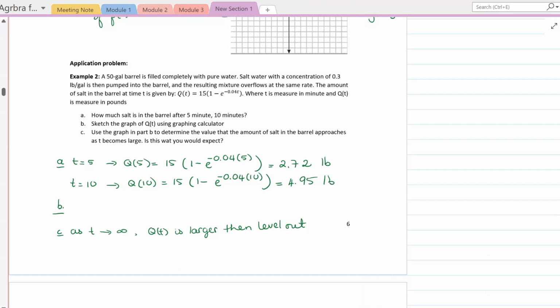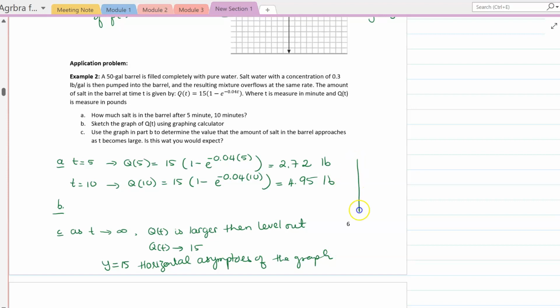Okay, so here we can say that Q of t is approaching 15. So this here, y equals 15, is the horizontal asymptote of the graph.